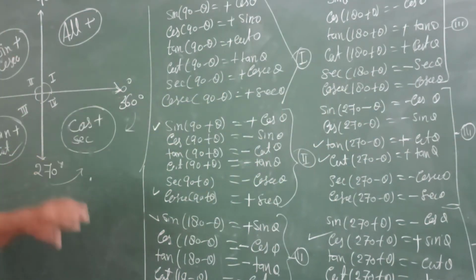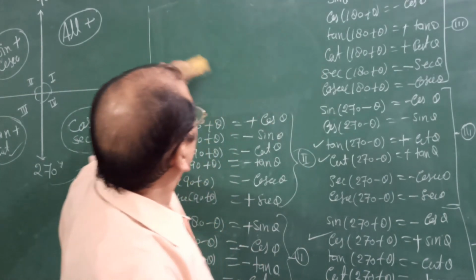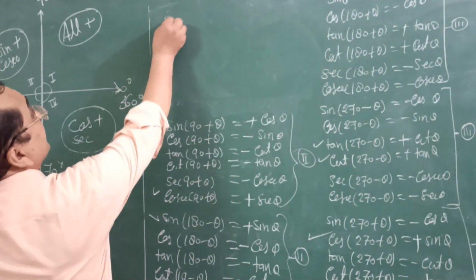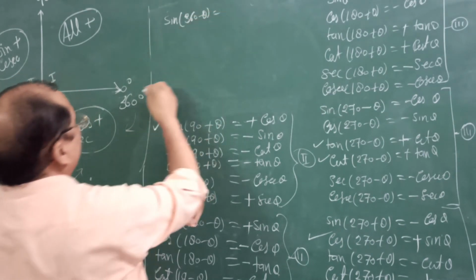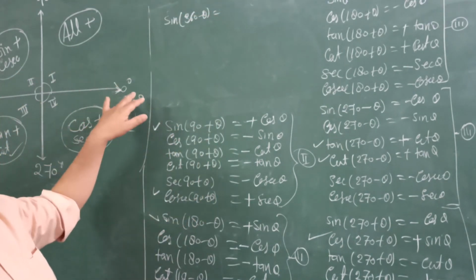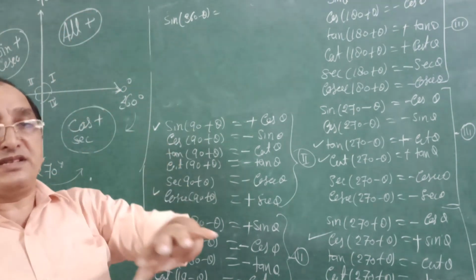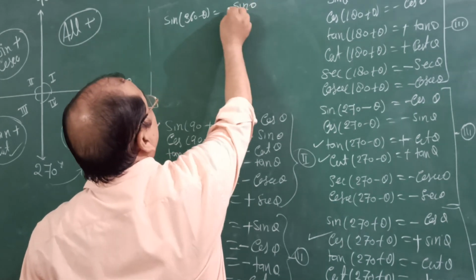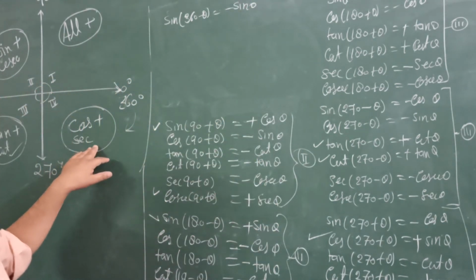Now we will come back again to 360 minus theta. Keep in mind, this is in the fourth quadrant. Sin 360 minus theta: at this point, 360 and 180 degree, we have to keep in mind that sin theta will come, but it will come negative because in the fourth quadrant the value of sin is negative.